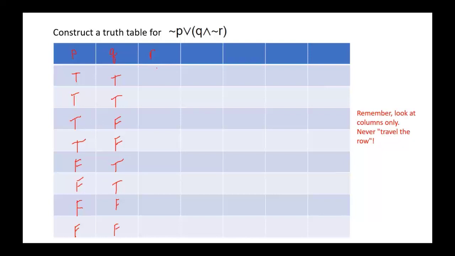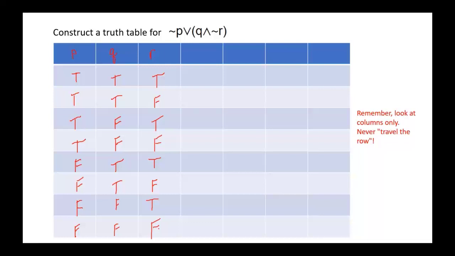All right, now for R, I'm going to alternate true, false, true, false, true, false, true, false. So again, what we have now is just all the possibilities of the truth value of the original statements.